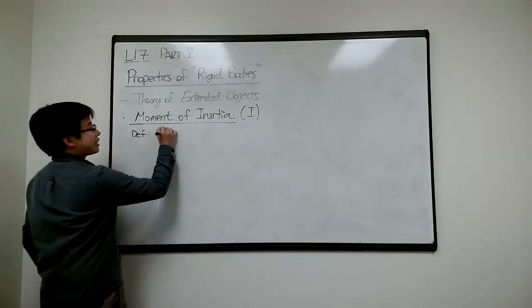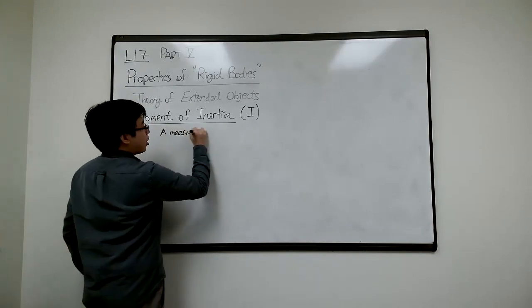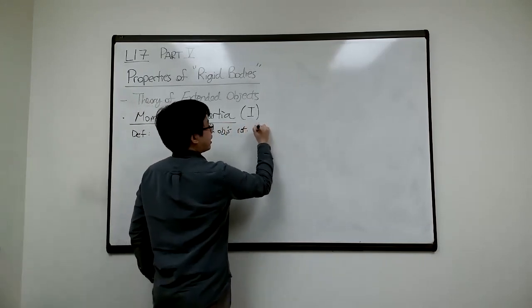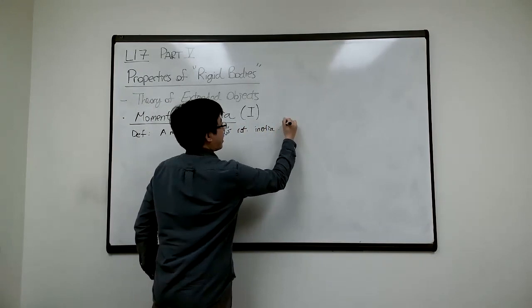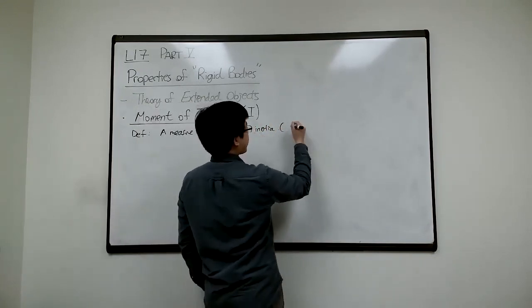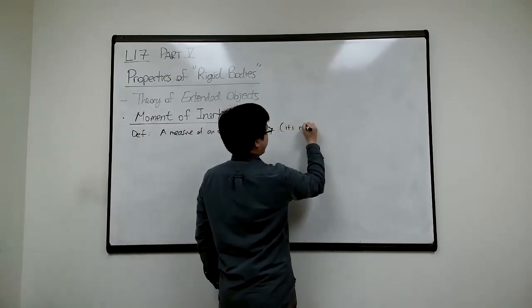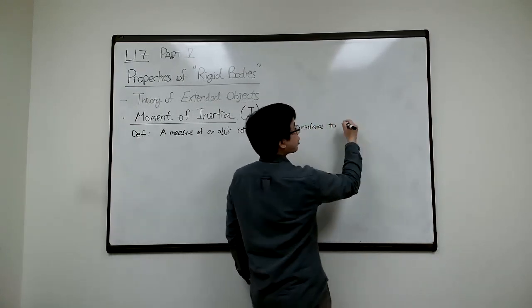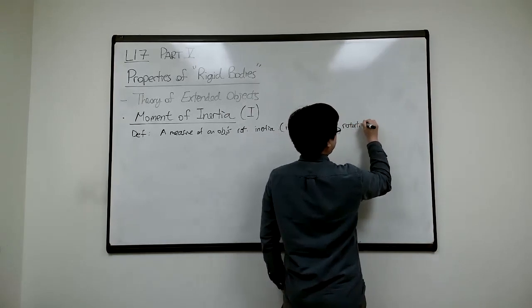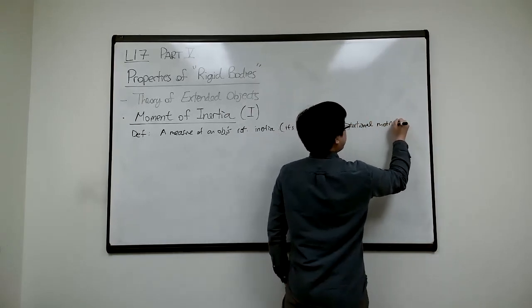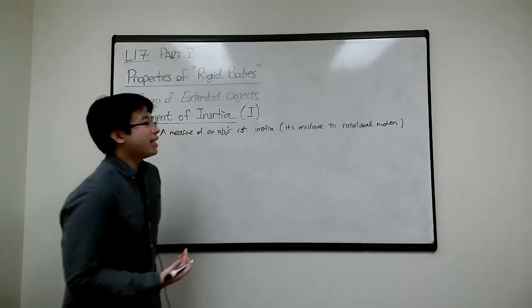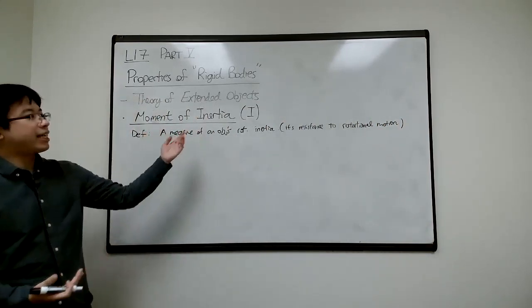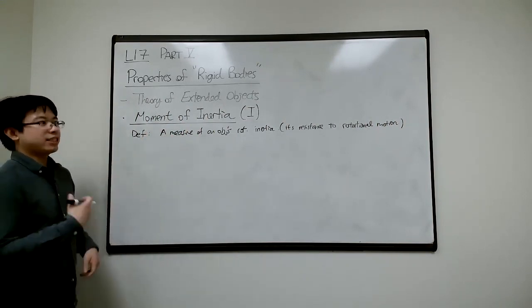It's a measure of an object's rotational inertia, which just means its resistance to motion, but resistance to a specific type of motion, rotational motion. Inertia or linear inertia is resistance to linear motion; moment of inertia is resistance to rotational motion.